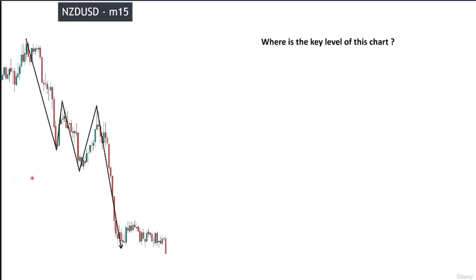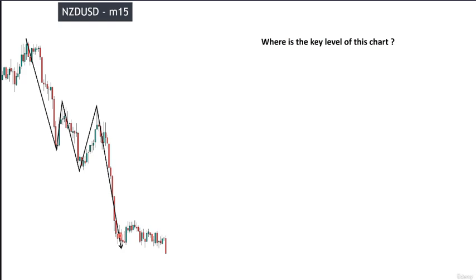I will guide you on the rule to define the pullback, the pullback wave right over here exactly, right? So at this time, you can accept the market structure right over here to continue talking about the real story of the key level, and then we will continue learning about how to define market structure together. So at this time, we have the market structure low, low, low, high like this.